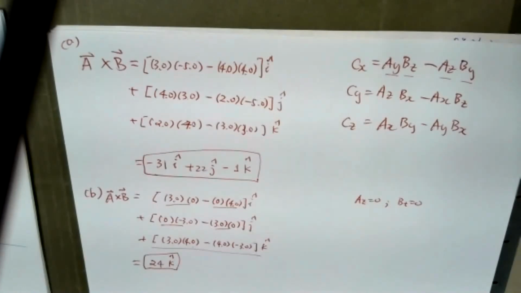Okay, so A cross B: basically, the resultant will be the determinant where you first put in the first row i, j, k in vector form, and then the x, y, z components of the first vector in the second row, and the x, y, z components of the second vector in the third row. So the result will be the determinant of this 3 by 3 matrix if you have learned matrices. But if not, then it's fine, you can just do what we do in the class.